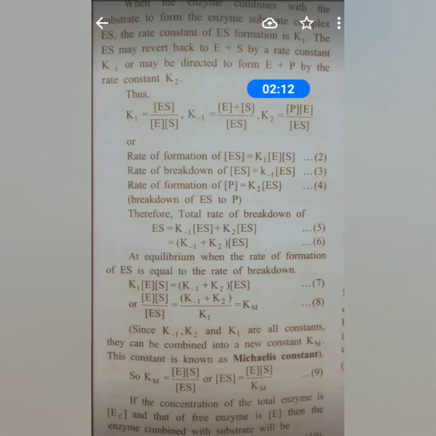Now coming to equation 2, just take a look at this reaction. These 2, 3 and 4, how do we write them? The rate of formation of ES is equal to the rate constant K1 into enzyme concentration and substrate concentration.